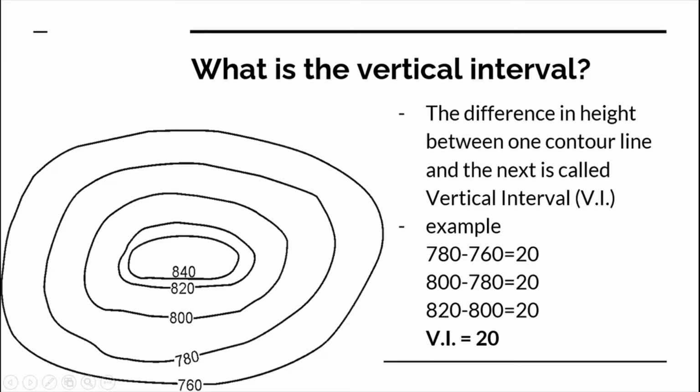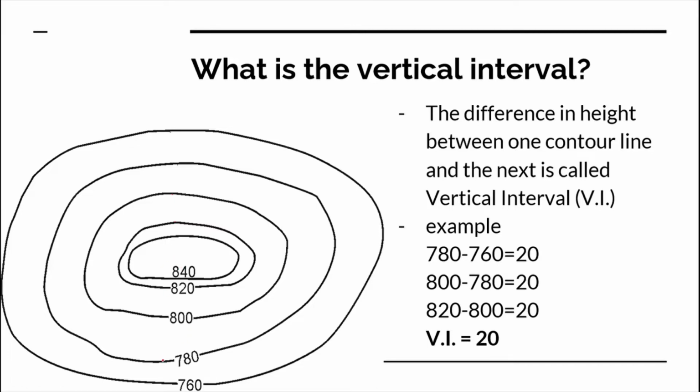Another important thing about contour lines is that they give us the vertical interval. That is the difference in height between one contour line and the next. So we're seeing one contour line here, another one here, another one here, another one here, and so on. What gives us the difference in height between them is called the vertical interval.